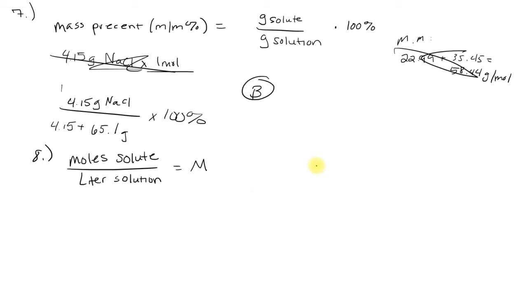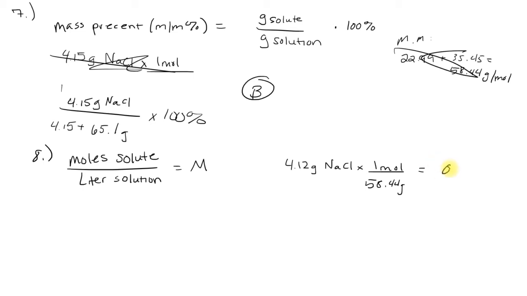We dissolve 4.15 grams. Oh, look, I can use that thing I just calculated. Awesome. So it's NaCl again. I'm not going to recalculate it, I just did it. Okay, so I know I've got to get to moles because it's a molarity question rather than a mass question. So that's the logic I'm using there.